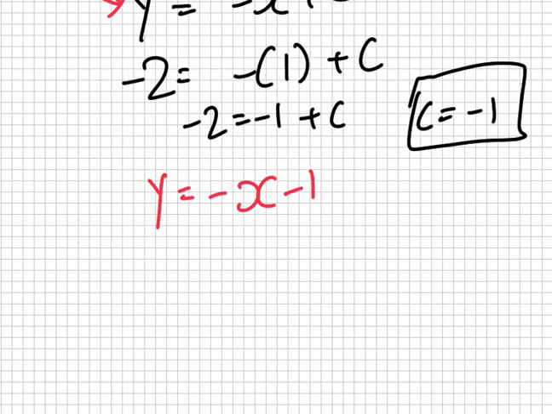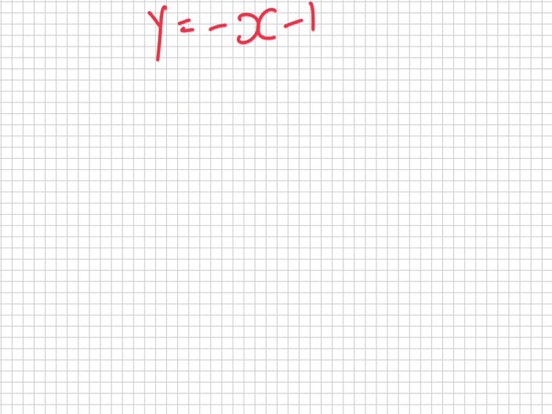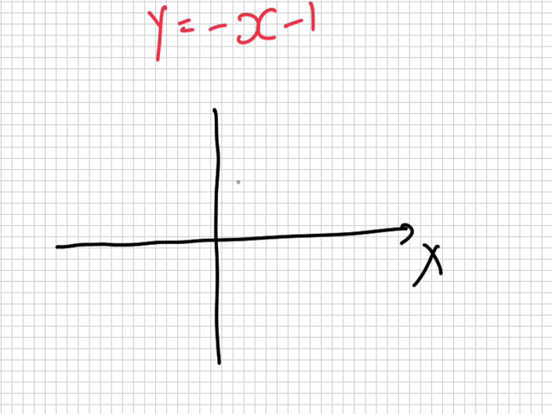Now, the question also asks to draw the graph. So I'll draw it really, really quickly. So where does this line cross the y-axis? What's the y-intercept? Minus 1. 0, minus 1.